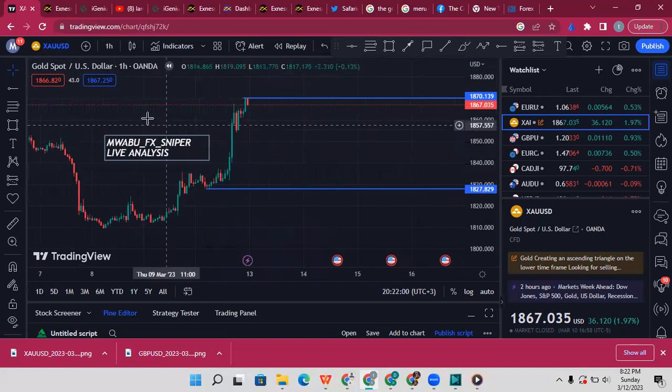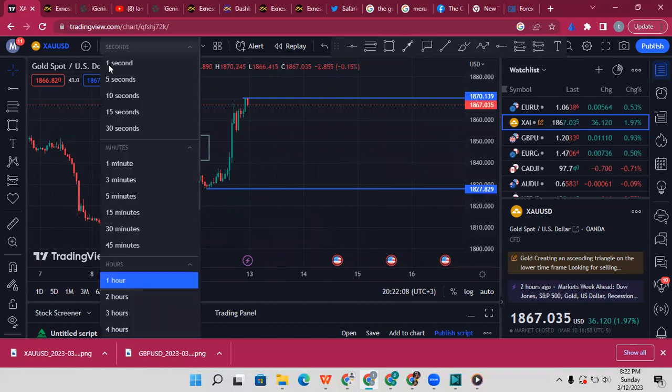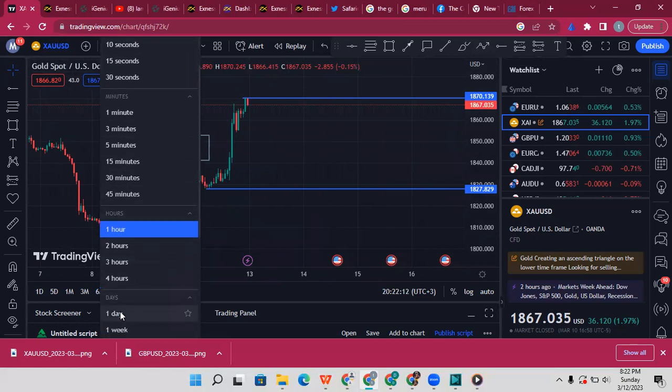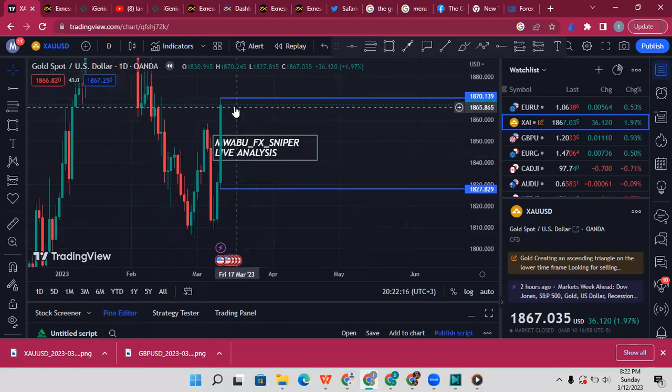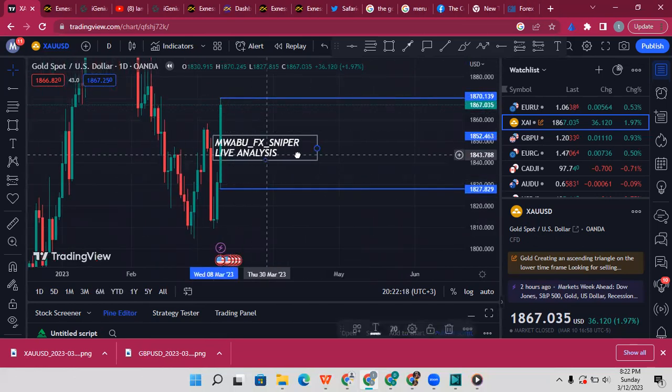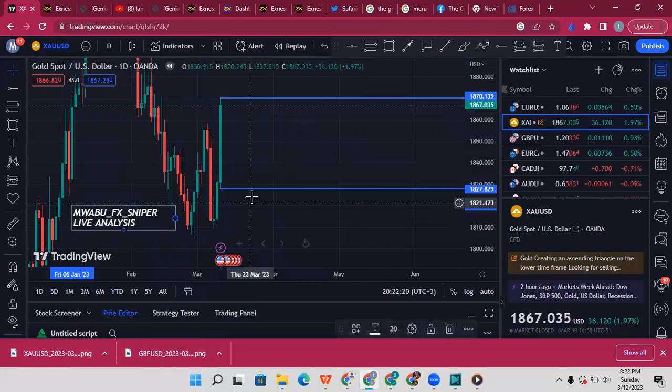So on Friday, let's move into a higher time frame. For example, let's put the daily time frame. So within a day, let's say in one day, you can see exactly we've marked the lowest part where the price was and the highest part where the price was.